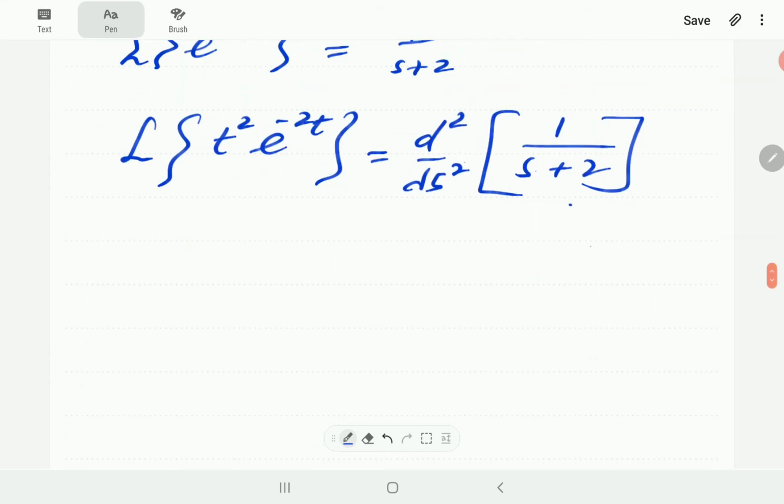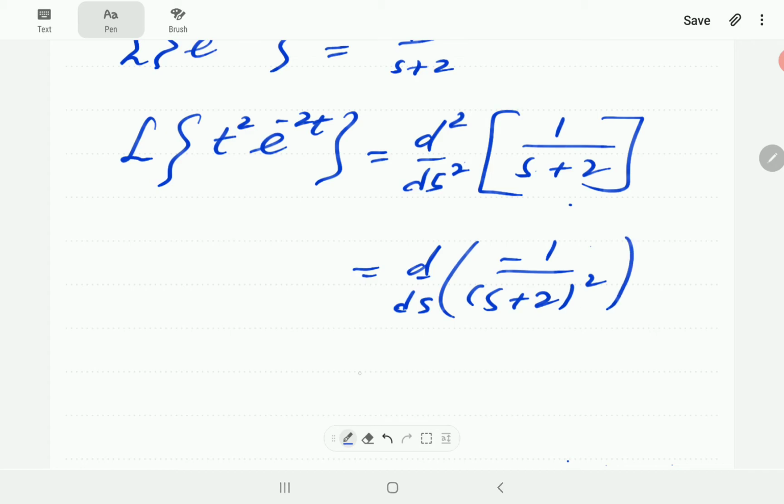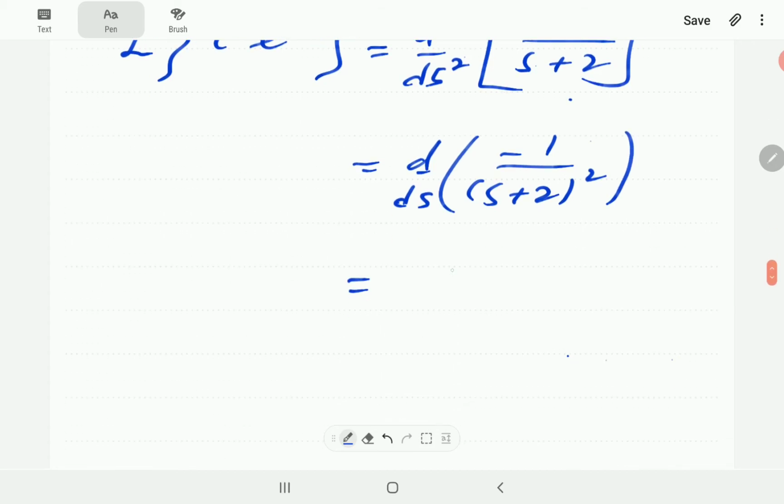So all we need to do is just to differentiate that thing twice. Differentiate it once, we get negative 1 over s plus 2 squared. Then differentiate it again, going to be 2 over s plus 2 cubed.